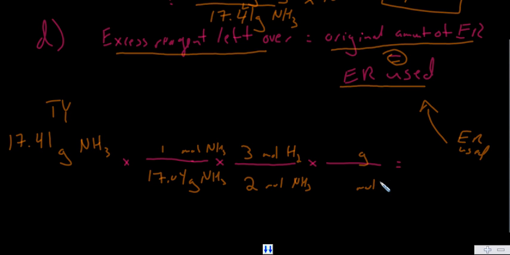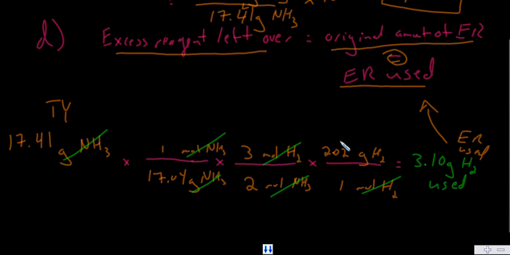And then finally, going from moles of H2 into the grams of H2. So go ahead and check that all of your units cancel out. Grams of NH3 cancels out. Moles of NH3 cancels out. Moles of H2. Awesome. And so we can calculate now that 3.10 grams of H2 should have been used to produce this amount of your theoretical yield.